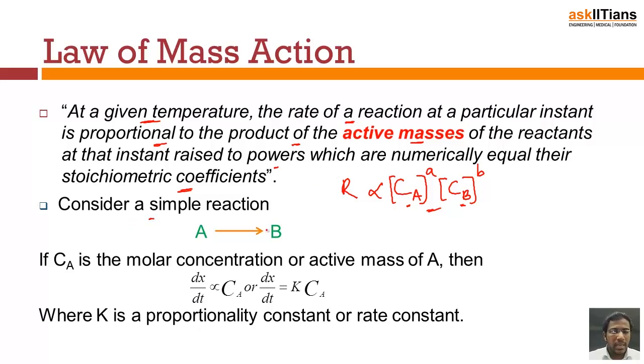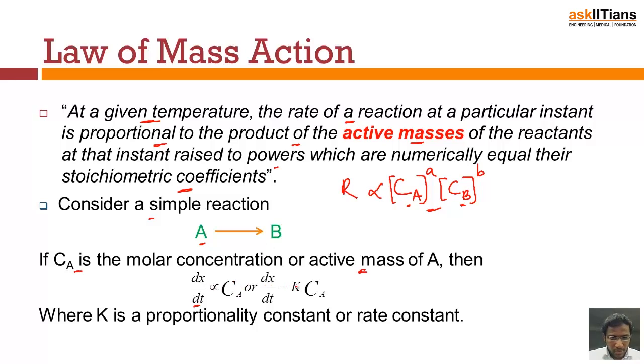Consider a simple reaction where A is giving B. A is the reactant and B is the product. If CA is the molar concentration or active mass of A, then the rate of the reaction at any given instant, dx by dt, is proportional to the active mass of A at that same instant.